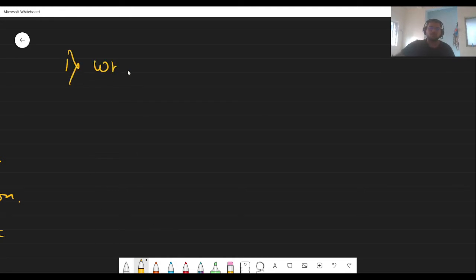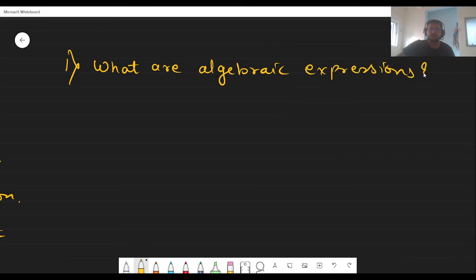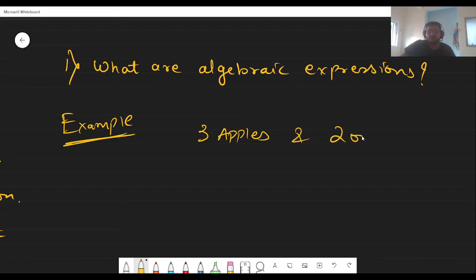First, what are algebraic expressions? I'll take a simple example of fruits. Let's say there are three apples and two oranges.